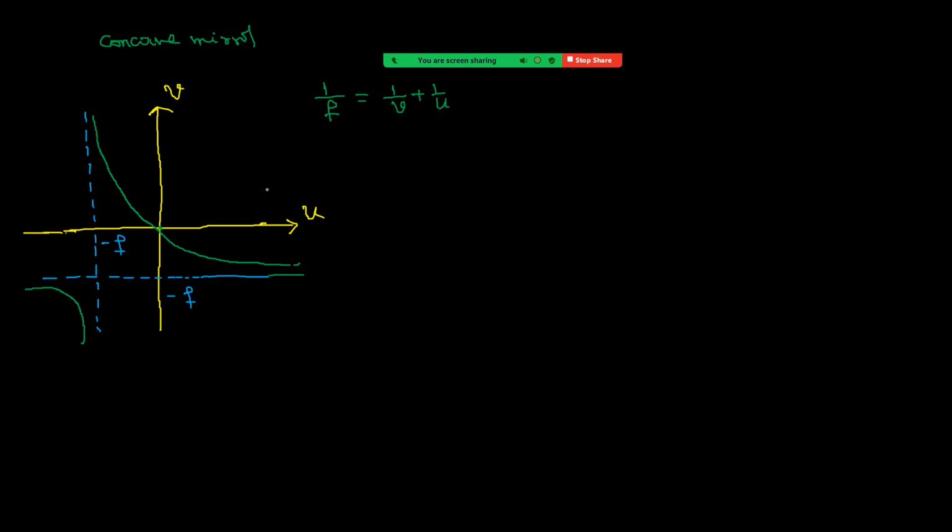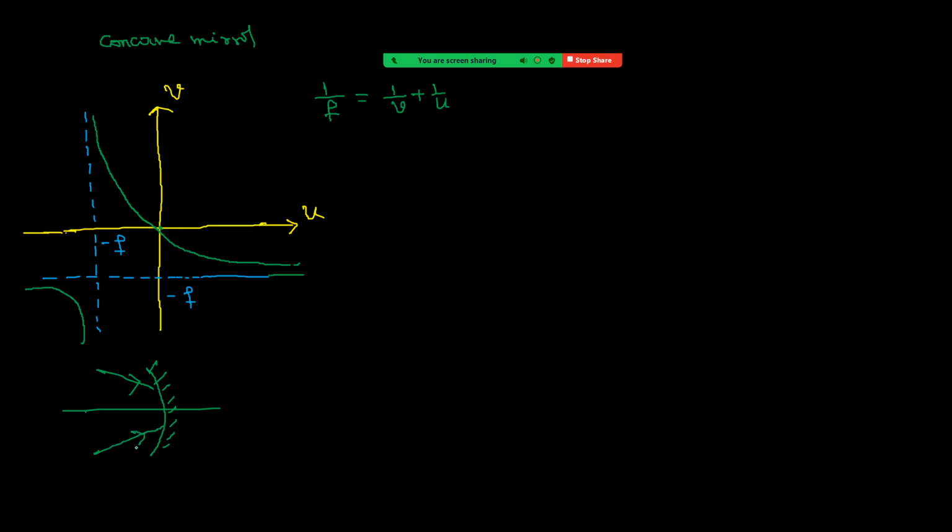See the meaning of that. U positive means it is a virtual object. We have learned that for real object U negative, virtual object U positive. For virtual object, virtual image is not possible. That means if you are taking a concave mirror, virtual object means it is a converging beam, right?